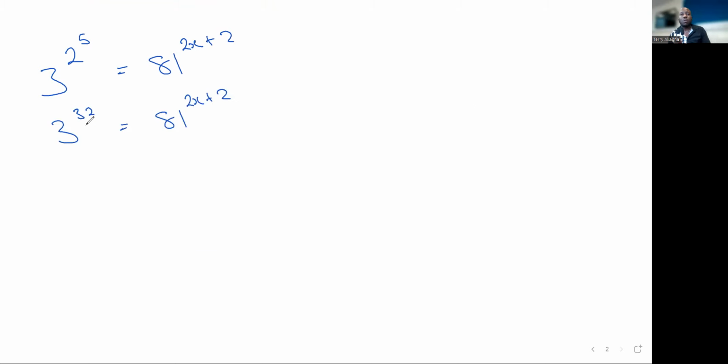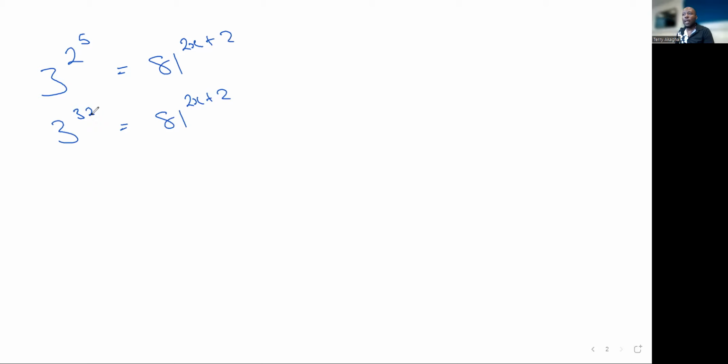Let's assume we have 3 raised to the power 2 and 2 raised to the power 5 is equal to 81 raised to the power 2x plus 2, okay? We can solve this. It's going to give us 3 raised to the power, 2 raised to the power 5 is 32. It's equal to 81 raised to the power 2x plus 2. Now, when you see something like this, what should come to your mind should be law 11, equality law.